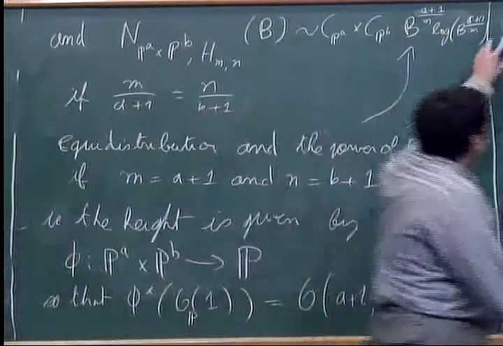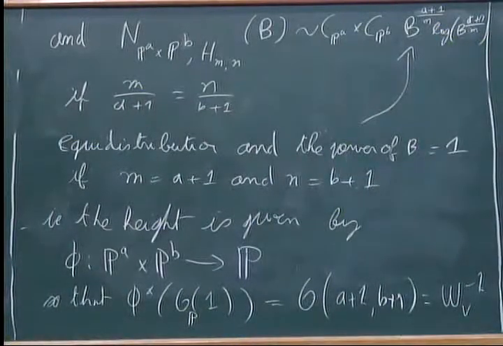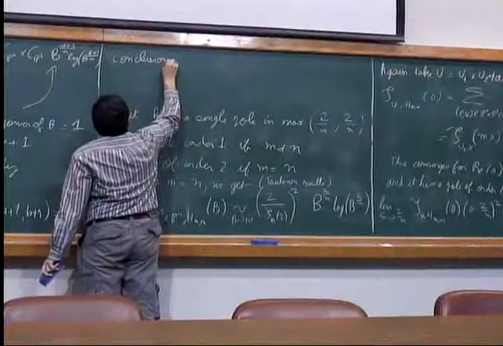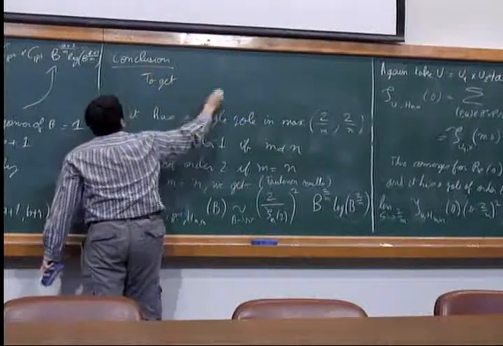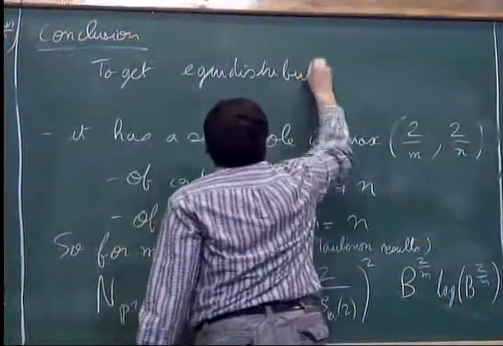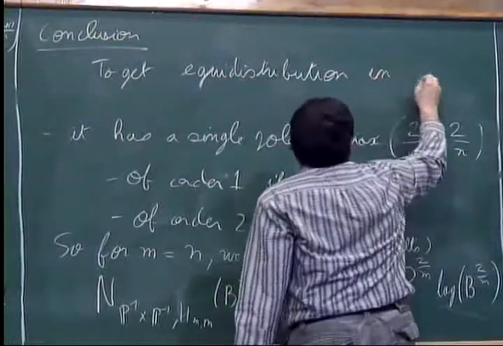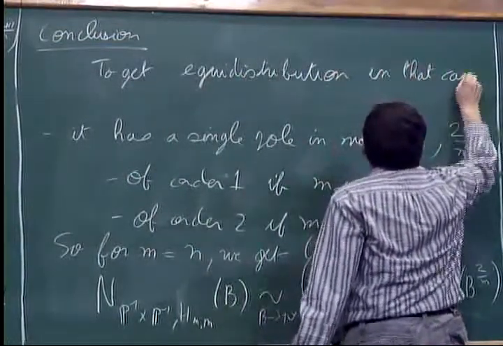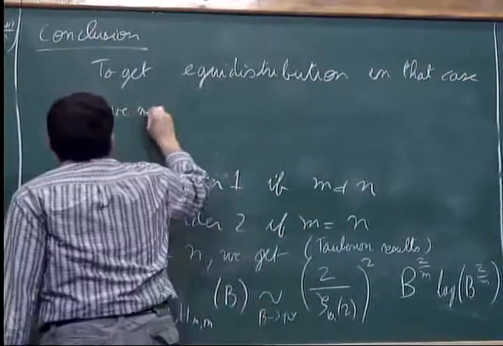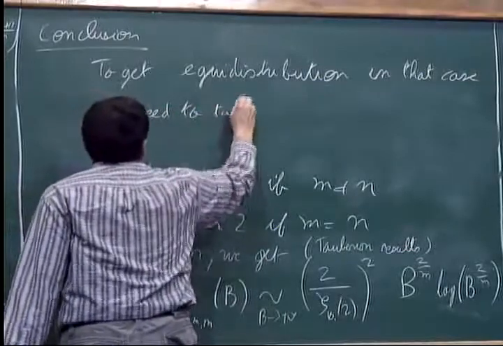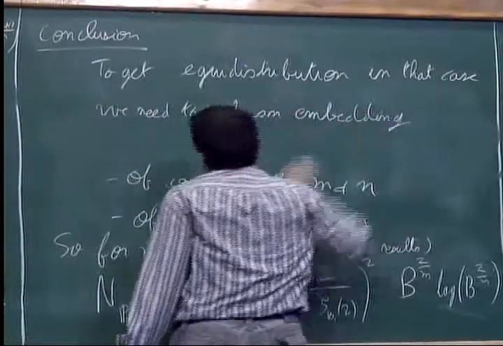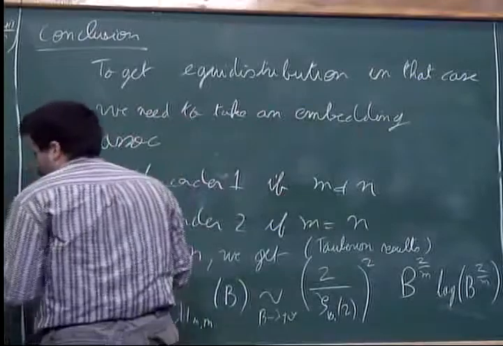So, the conclusion of this first example: to get equidistribution, in that very particular case, we need to take an embedding associated to a multiple of the anticanonical line bundle.